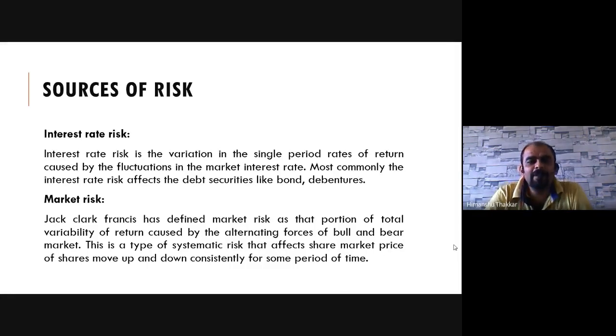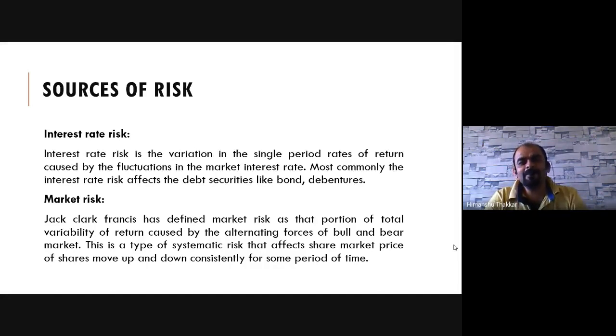So if someone has put the money in FD expecting a 7% or 8% interest on the money that is saved, then in recent times, when the interest rate is decreasing day by day, you cannot expect much of the return, or you are bound to face the risk of interest rate fluctuation.